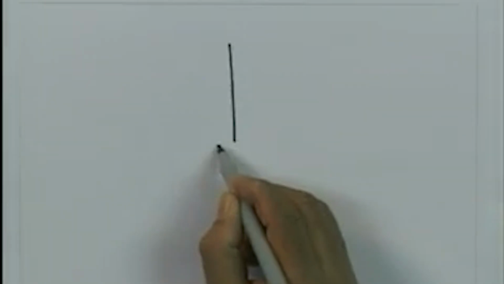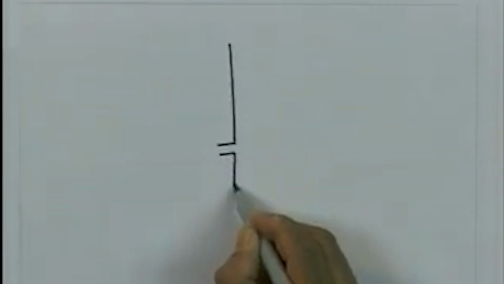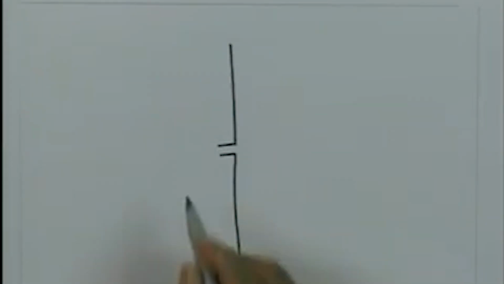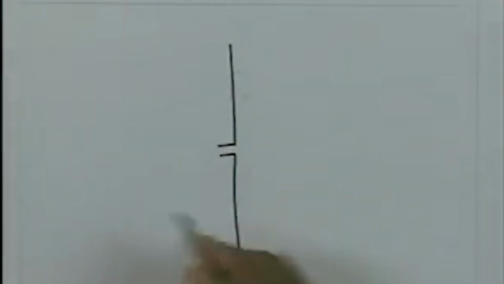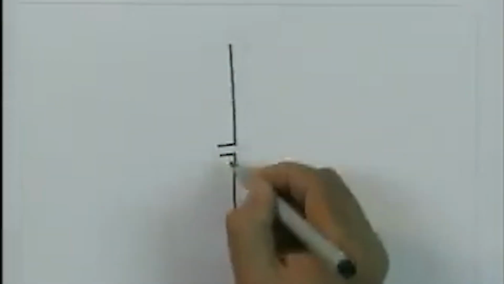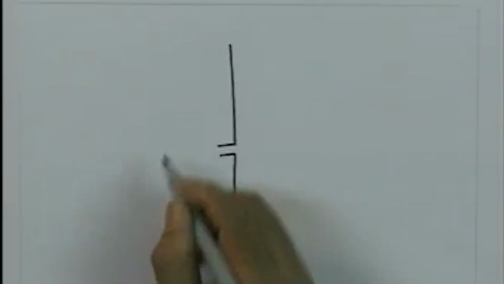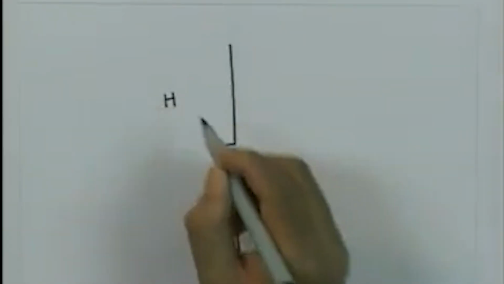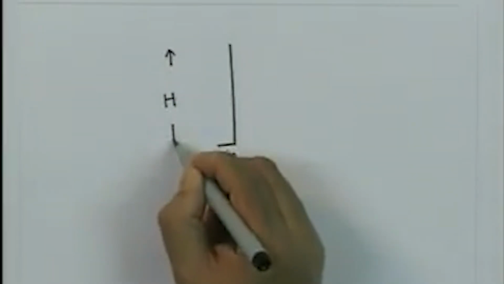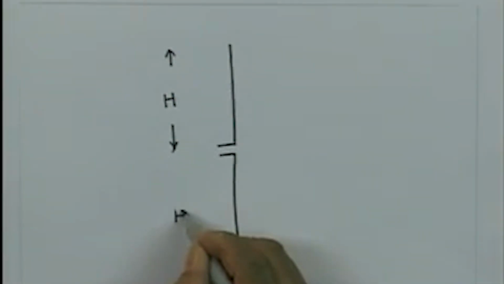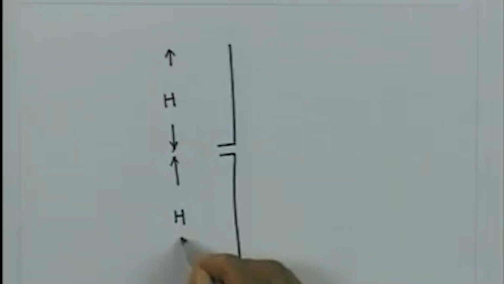Essentially the structure is a linear wire excited at the center either by a voltage source or a current source, and let us say the length of this wire is 2h, that means half of this dipole is h. So, we have this half length h, and this h. And you can excite this at the center.